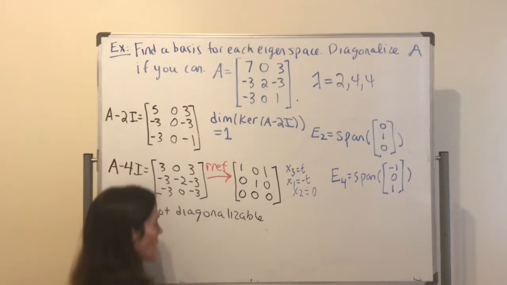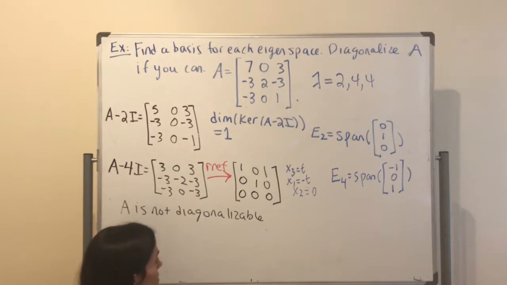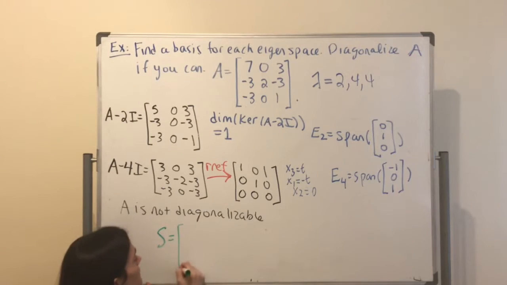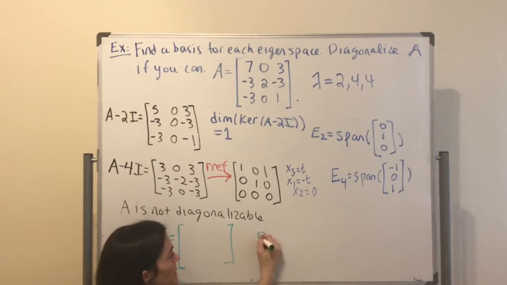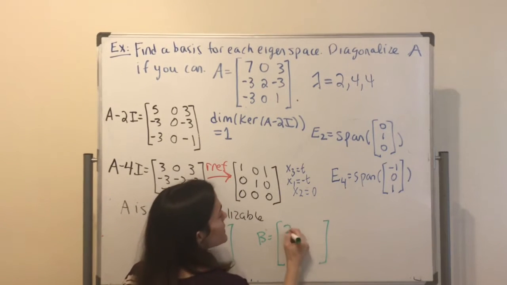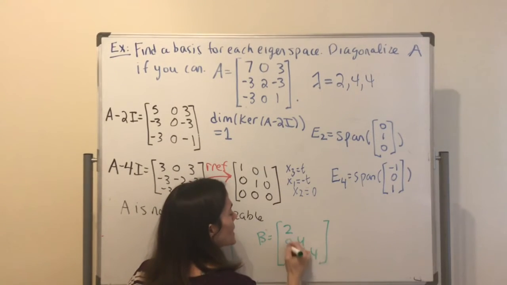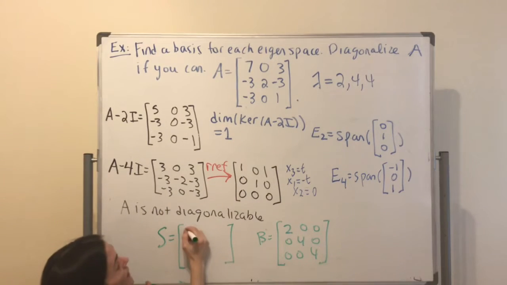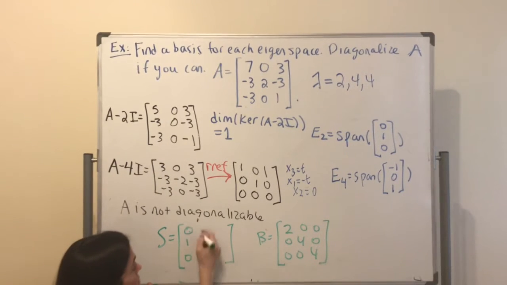Because, well, if you tried to make S, and you tried to make B, we know what B would have to look like. It would have to be like this, right? Put the eigenvalues along the diagonal. And then here needs to be an eigenvector corresponding to 2, okay? An eigenvector corresponding to 4, so far so good.